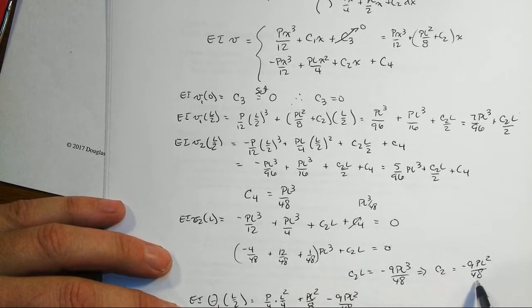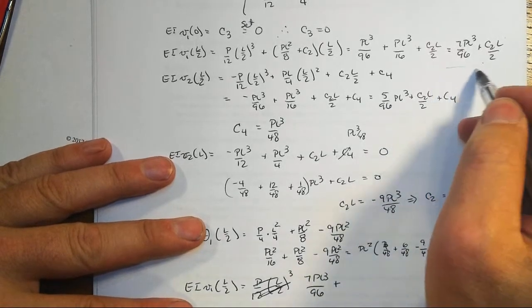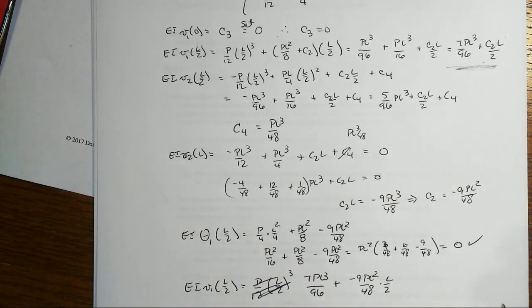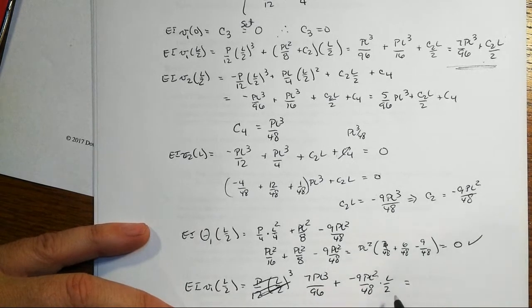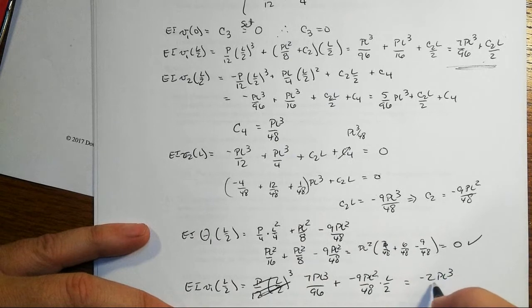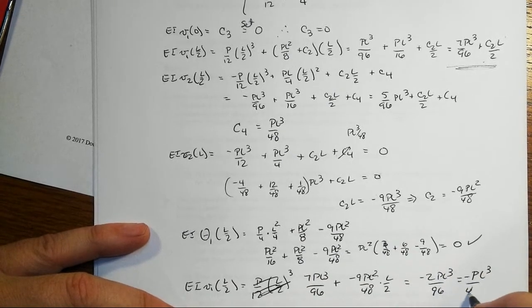And we found C2 is this, so this is minus 9PL squared over 48 times L over 2. And that'll be a 96, so we're going to get here a 7 minus 9, so that'll be a minus 2PL cubed over 96, and that is minus PL cubed over 48.